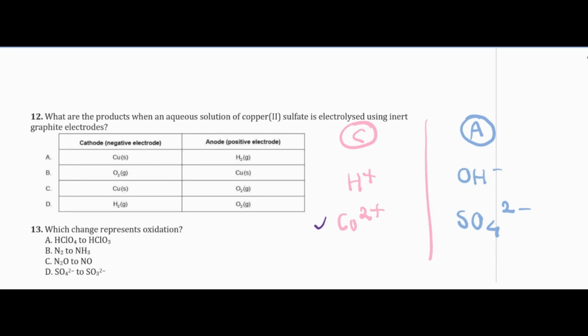At the anode, the rule is that if there's a hydroxide competing with something like a sulfate, a salt, maybe a nitrate, then the hydroxyl will win. That will be most easily oxidized. The sulfate ion is too stable, and it's much more likely for a hydroxyl to come along, meet a hydrogen bond and form water.